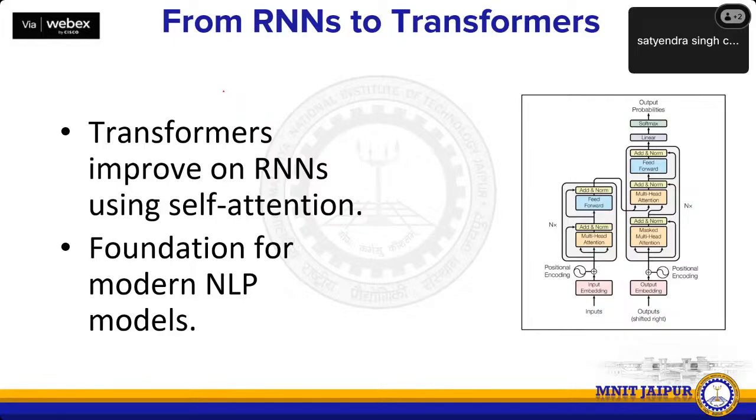Because we are moving sequence to sequence, word by word, the processing is not parallel, and the computation becomes very slow for long sequences. So transformers improve on RNN using the self-attention mechanism, which is the foundation for most NLP models and LLMs. We started discussing this architecture, and we are going to discuss it in detail.